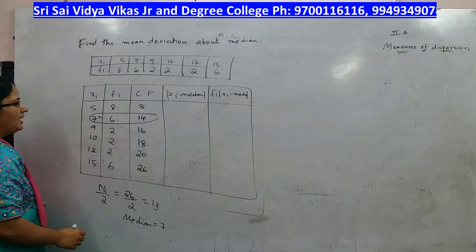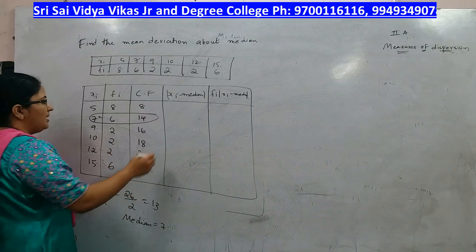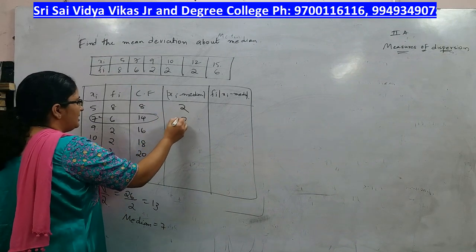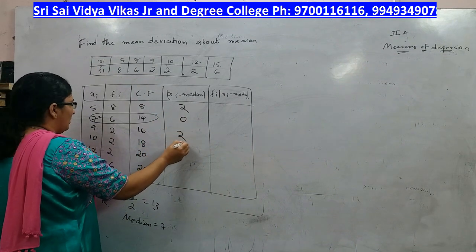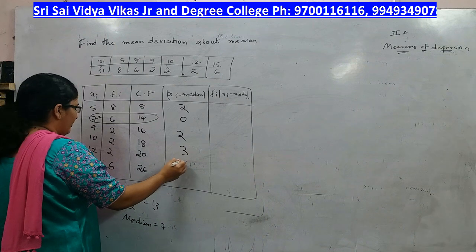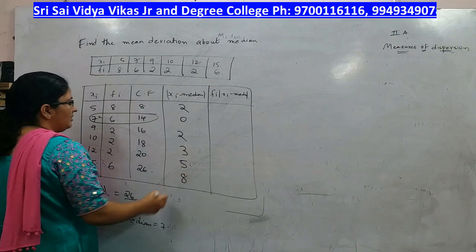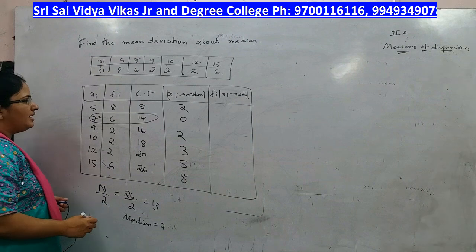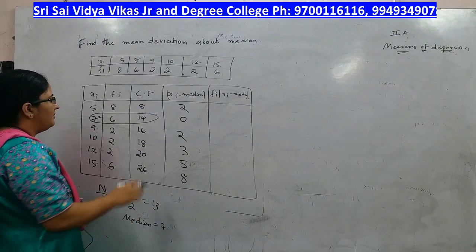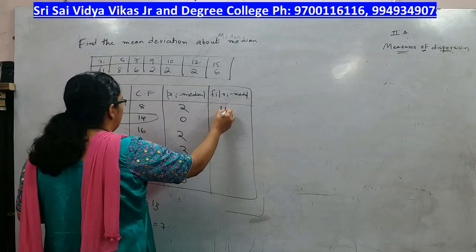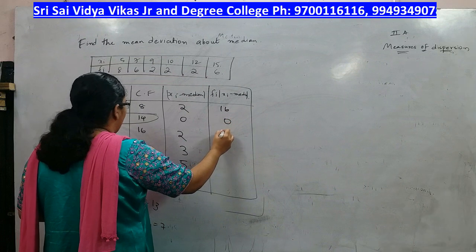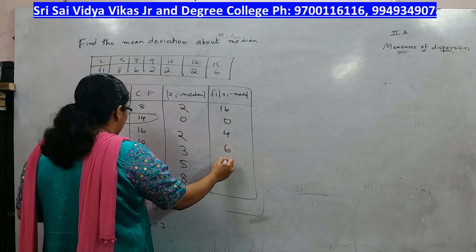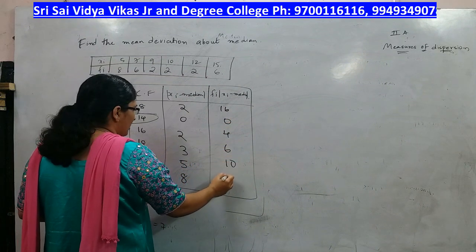Xi minus median value: 5 minus 7 is 2, 7 minus 7 is 0, 2, 3, 5, 8. These are the values of xi minus median. Next, fi into xi minus median: 8 2s are 16, 0, 4, 6, 10, 48.